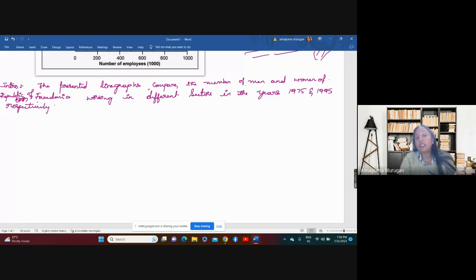Compare the number of men and women of whom? Men and women of Republic of Fredonia. It modifies the noun. Otherwise, if you put Republic of Fredonia somewhere else, the meaning changes. So men and women of Fredonia working in different sectors in the years 1975 and 1995 respectively.